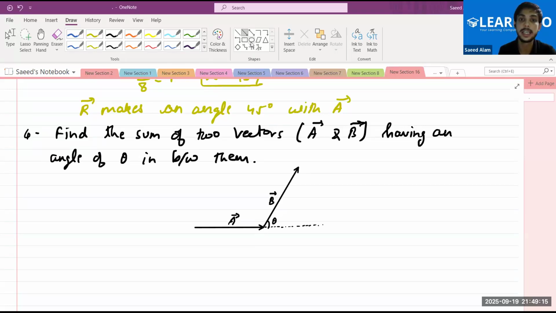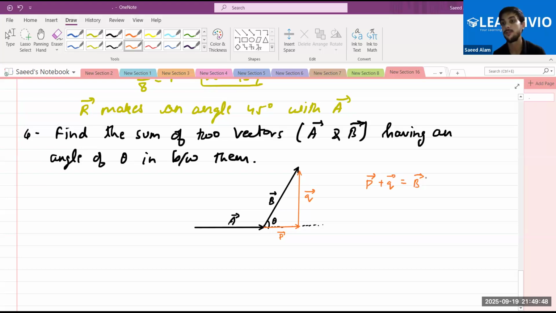So we divide this B into two parts. One is along A, that will be somewhat this, and for the other one we are joining this up. Yes or no? Yes. Let's say this small vector is P and this small vector is Q. Don't you think that if I add P plus Q, I'll get nothing but B?